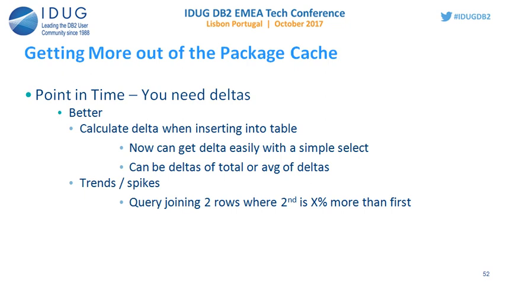And you can get the deltas of the total or the average of the deltas. And you can even do trends and spikes. I did one where I joined two consecutive rows where the second one is X% more elapsed time than the first one. And that'll show me where suddenly this minute it spiked.